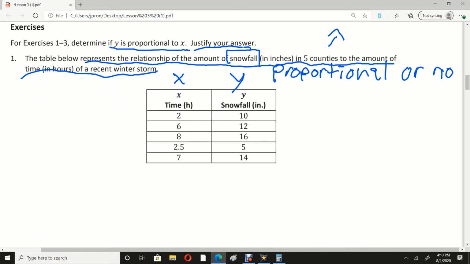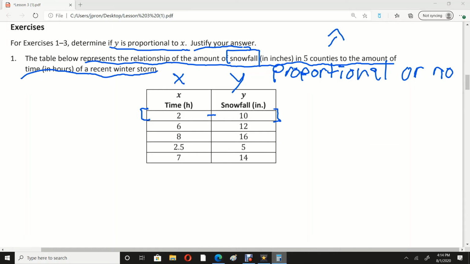In this first ratio subset, we have 2 hours and 10 inches of snowfall. So in those first 2 hours, this was just raw recorded data. In those first 2 hours, they recorded 10 inches of snowfall. So how many inches of snowfall per hour happened?